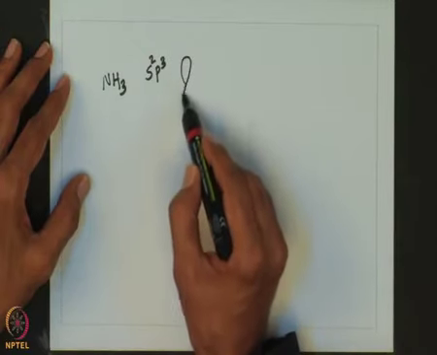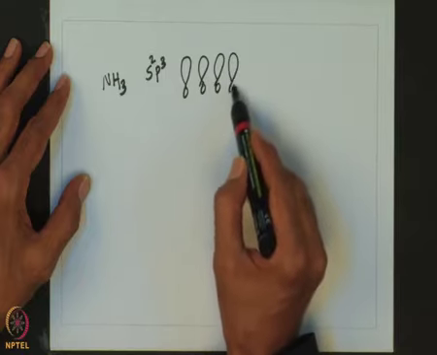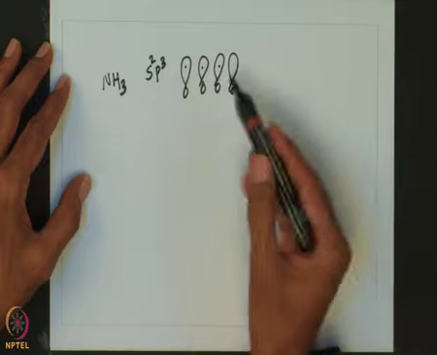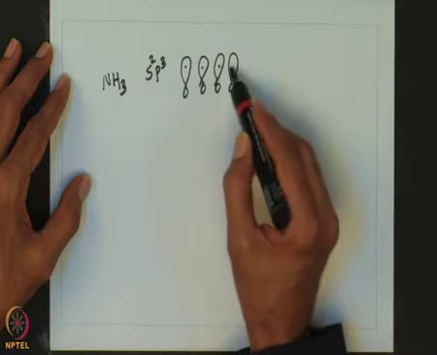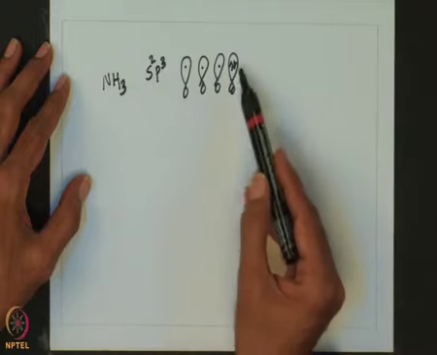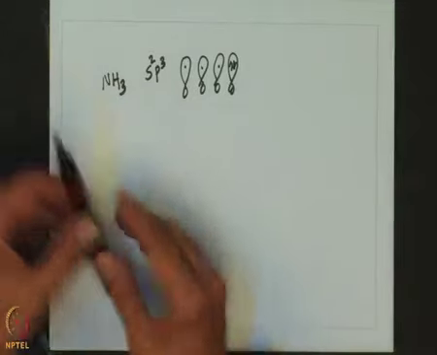So, 3 will have 1 electron, whereas the 4th will have 2 electrons, because we have a total of 5 electrons: 2, 3, 4, 5. So, now we have 4 sp3 hybrid orbitals with 3 having 1 electron each, and 1 sp3 has 2 electrons.